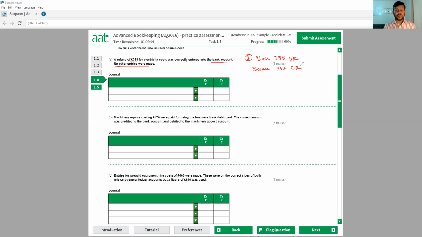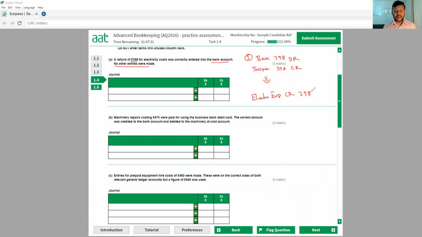Now I want to make a correction of this mistake. I know if I get a refund of electricity, then electricity needs to go down. Normally electricity is a debit. If I receive the refund, then electricity will be credit because the expense needs to go down. So I'll make electricity expense credit, 398.